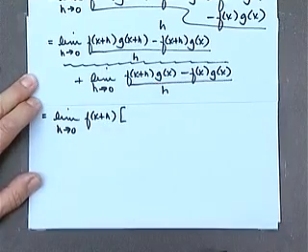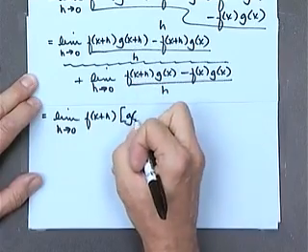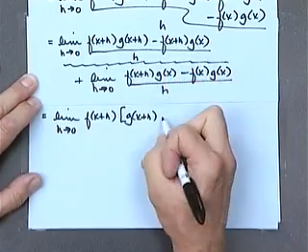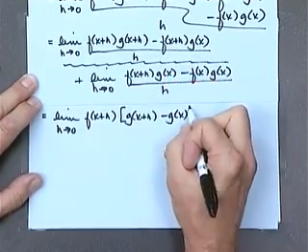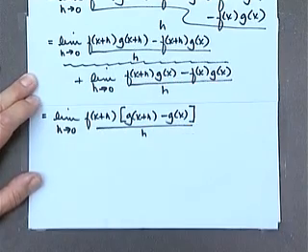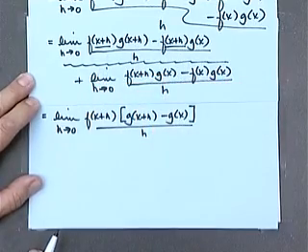And when we do that, what's left? G of x plus h. We factored that out, so minus g of x, all over h. Is that all right? So we took f of x plus h out of here and here. Factored it out in front.